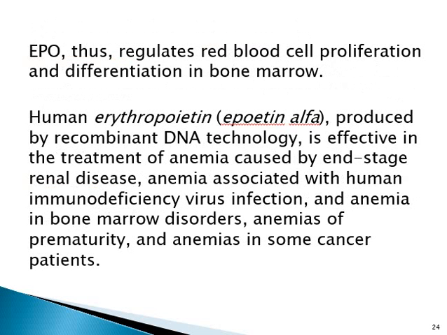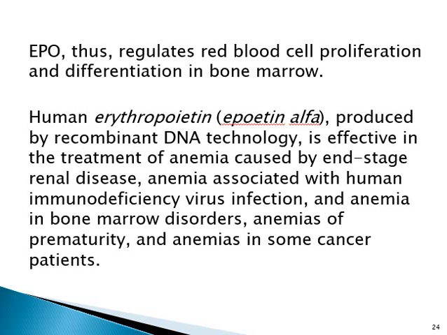A human erythropoietin, which is called epoetin alpha, produced by recombinant DNA technology, is effective in the treatment of anemia that is caused by end-stage renal disease, because those patients who have a renal disease will have less erythropoietin.